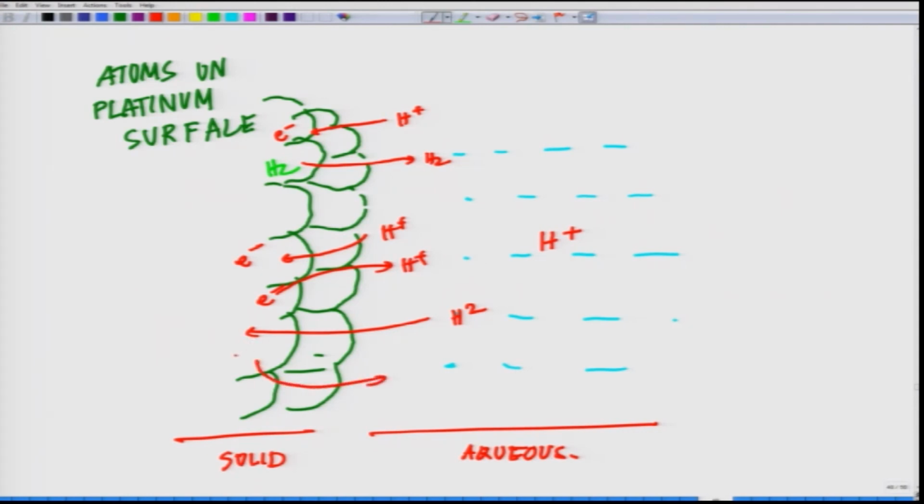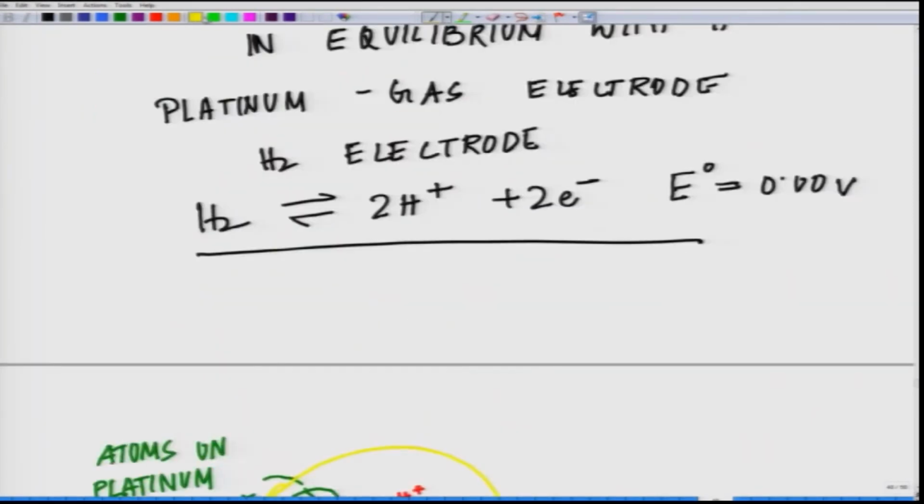Similarly, there are electrons which are going and making it hydrogen. So, the platinum surface is a very dynamic surface, and there are a lot of such possible reactions happening on this surface. And what is being assumed, as I told you, is that this is a surface phenomenon.